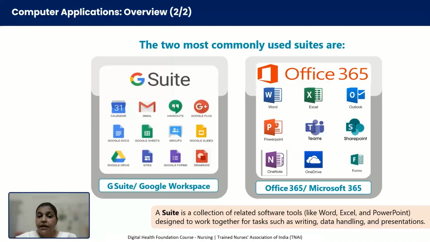For example, Google Workspace includes apps like Gmail for communication, Google Docs for writing, Google Sheets for spreadsheets, and Google Slides for presentations. Microsoft 365 offers similar tools like Outlook, Word, Excel, PowerPoint, and OneNote. It also includes Teams and SharePoint for collaboration.